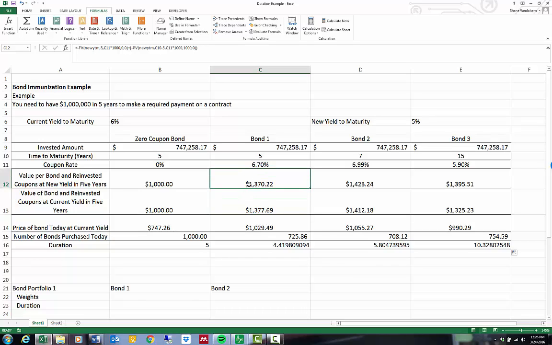And this is the value if we change the yield to maturity. So for bonds with lower duration, the value of the cash flows and the value of the bond itself will fall with a decrease in the yield to maturity.